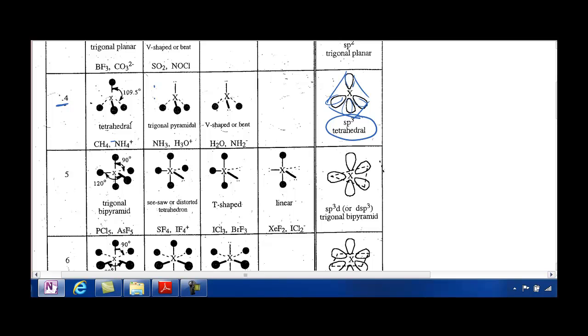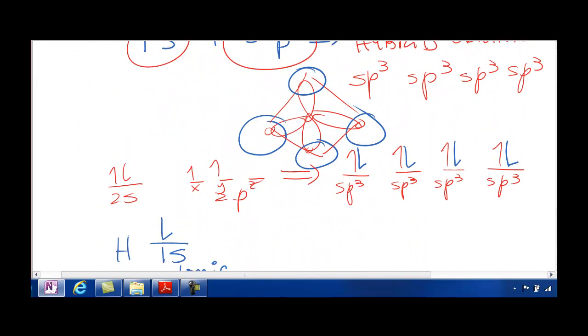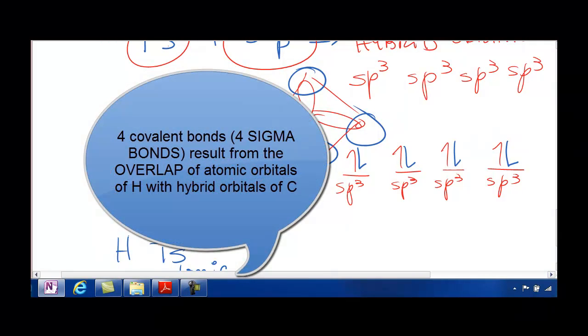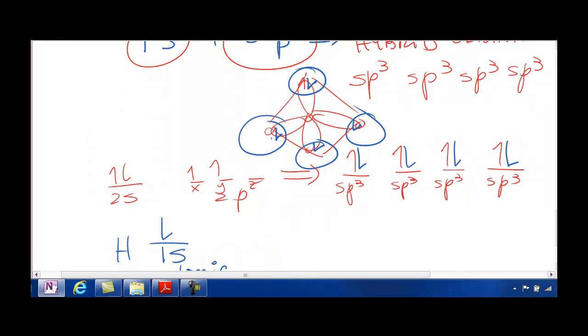In CH4 is an sp3 of carbon bonded to a 1s of hydrogen, and the second hydrogen, and the third hydrogen, and the fourth hydrogen bond together. So once you have that, you're going to have an electron of hydrogen and an electron of carbon pairing up, and those are my 4 bonds.